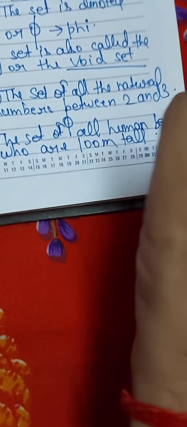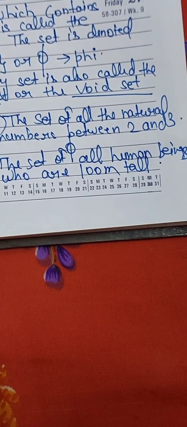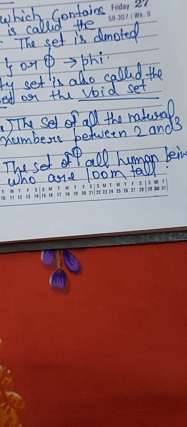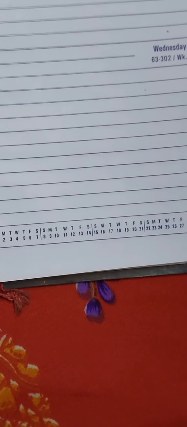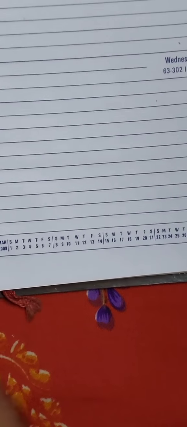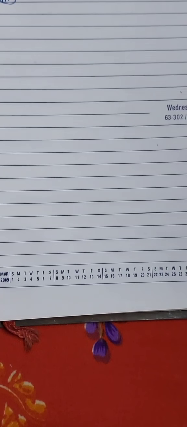Impossible. You don't have any human being who is 100-meter tall. So this is also an empty set. Set of odd integers with 6 as a factor. Any odd integer will not have factor 6 because 6 is an even number. The set of even prime numbers that are greater than 2. 2 is the only even prime number. So this set is also empty.